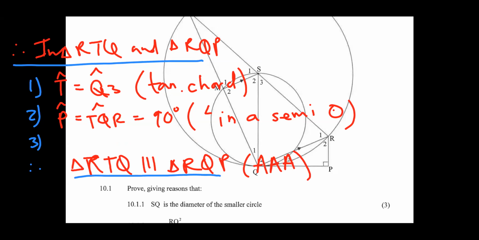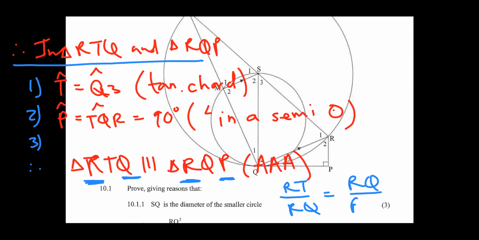I'm going to do it here in the corner. It's very messy, but let's try. So it's RT over RQ. You can see I'm taking the first two letters, RT being the first two letters here and RQ being the first two letters there. And this is going to be equal to, now I take the first and the last letter, so it's RQ over RP.